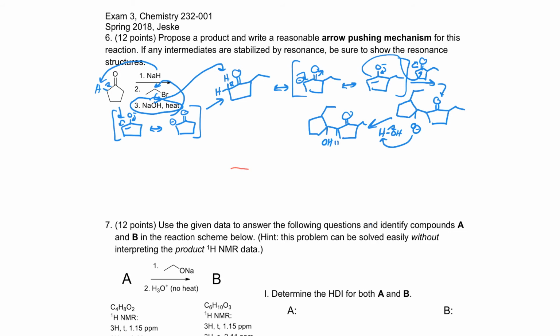And I still have this acidic hydrogen. I'm going to remove that. I'm going to erase this red line that somehow showed up. And I get, again, a resonance stabilized anion. I can show the resonance.